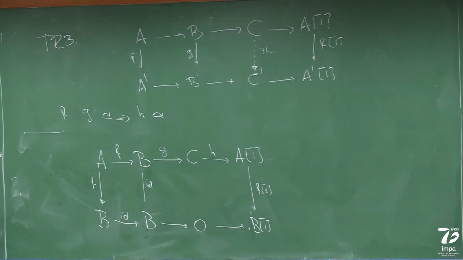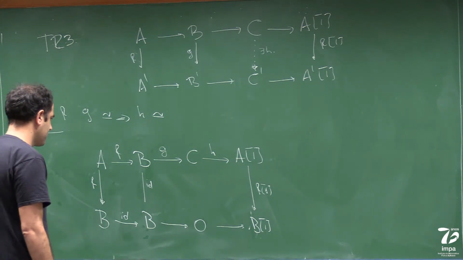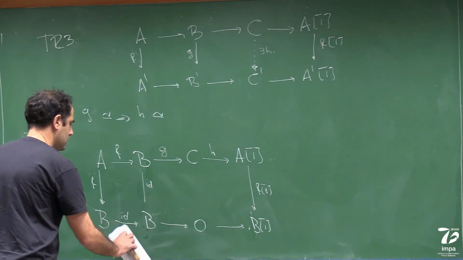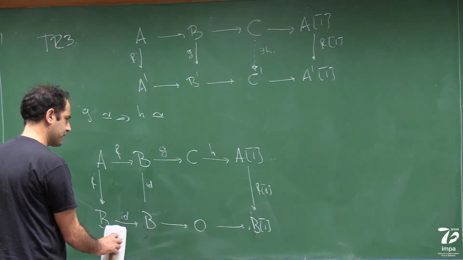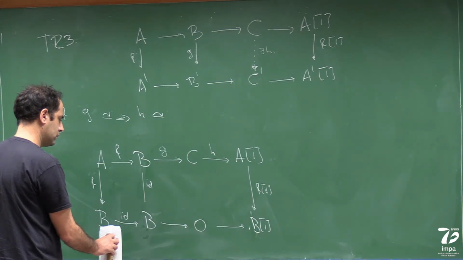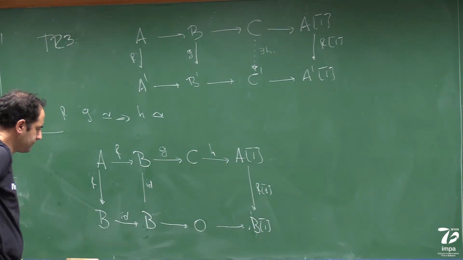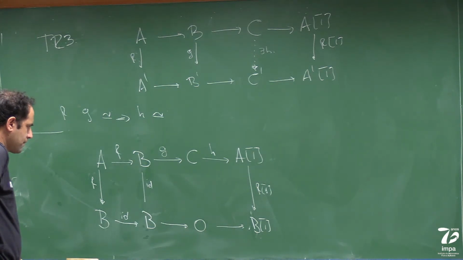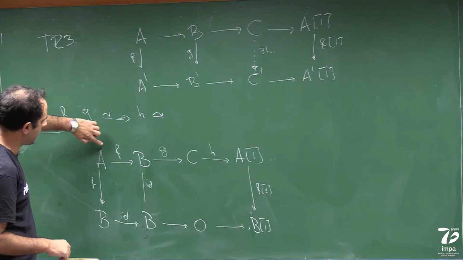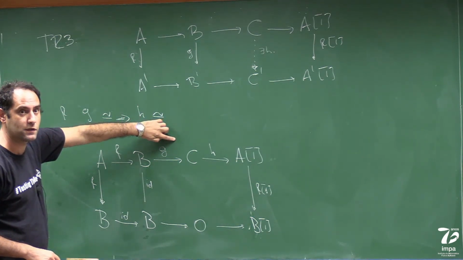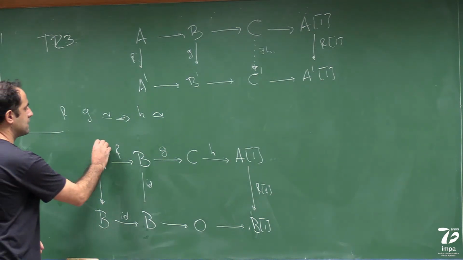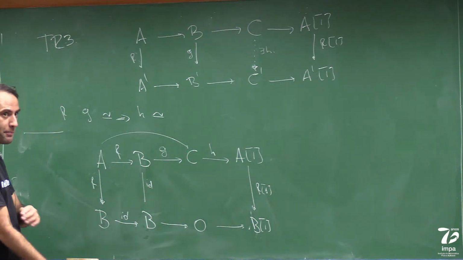Okay, so perhaps I want to do something different. Let's do something different. I'm losing it. So what I want to prove is that B composed with G is equal to 0. So I want to prove that this composition here is the 0 map.